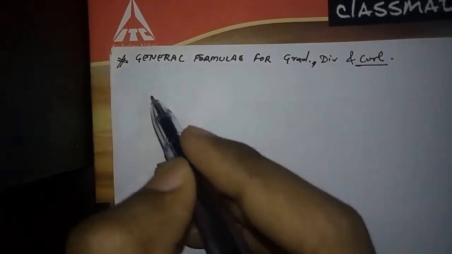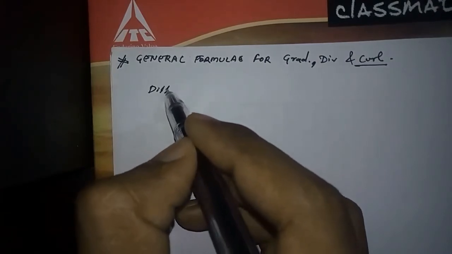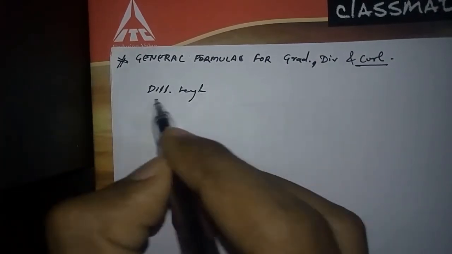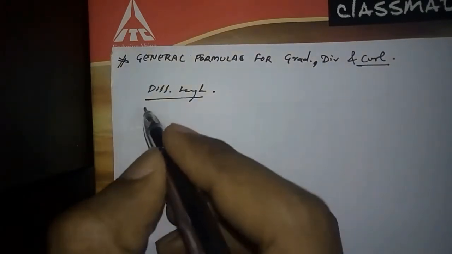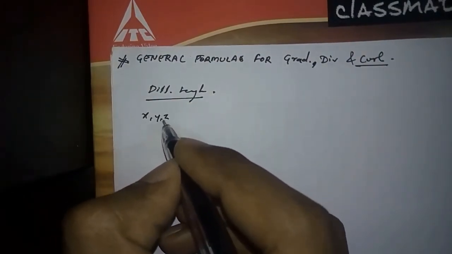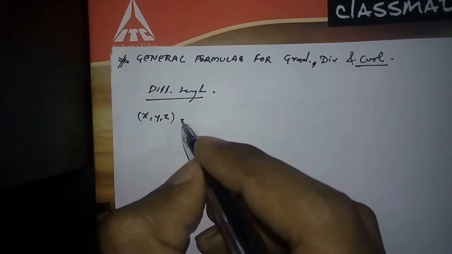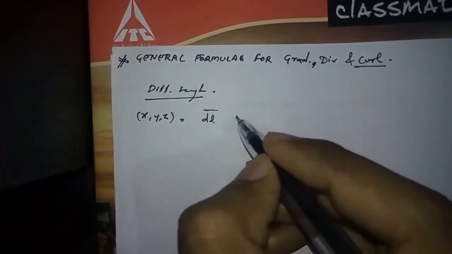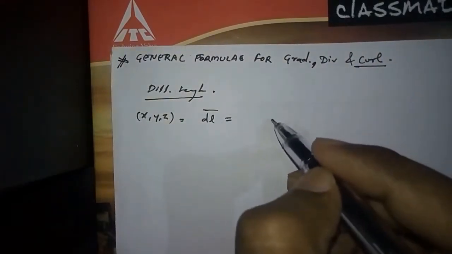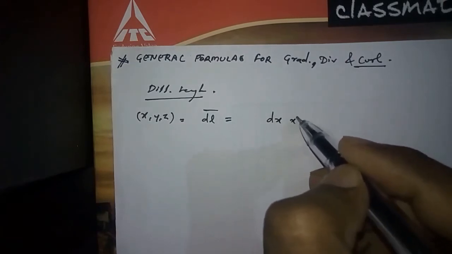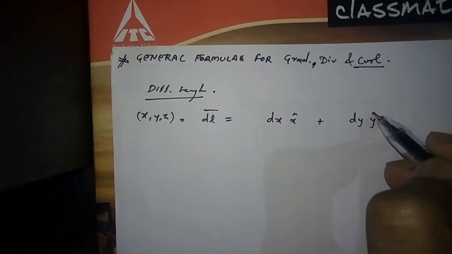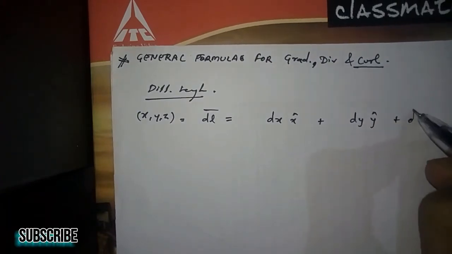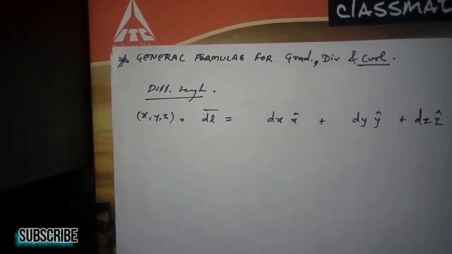So the differential length in XYZ coordinate, we have dl as dx x cap plus dy y cap plus dz z cap.